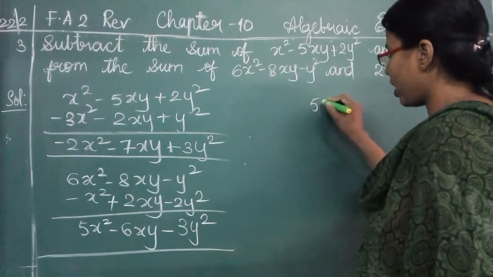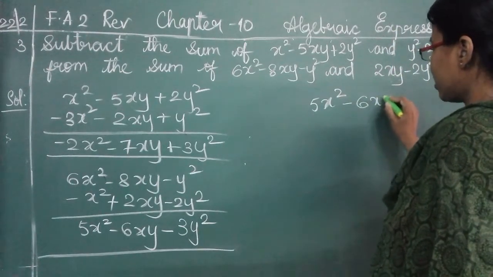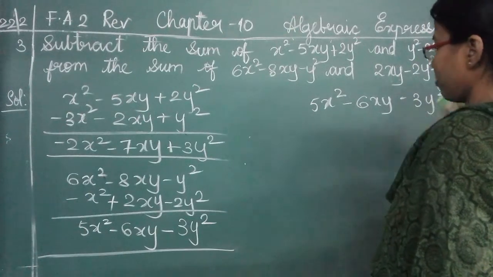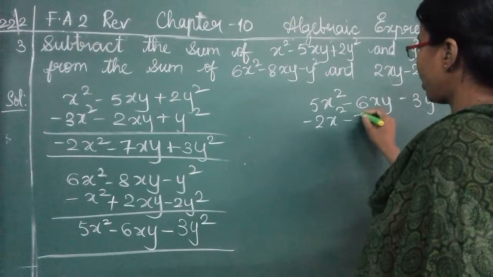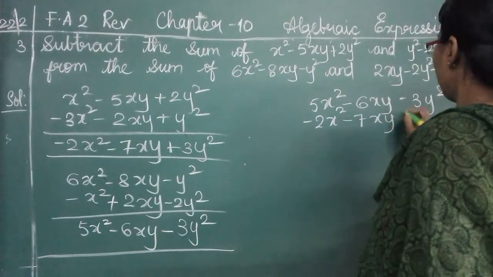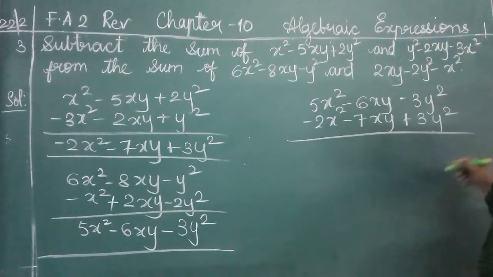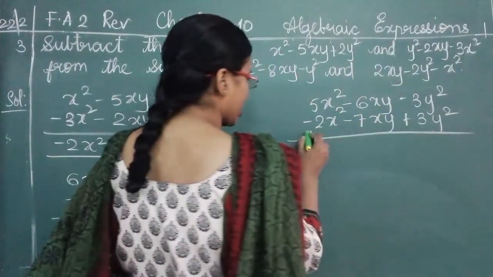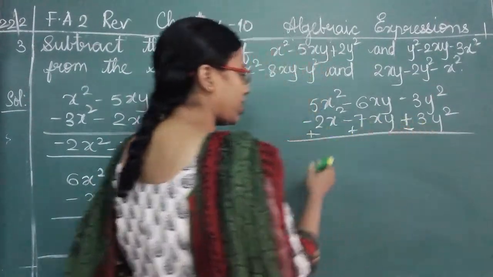So let's try. 5x square minus 6xy minus 3y square, then minus 2x square minus 7xy plus 3y square. Okay. Now let us write the opposite sign for this. Minus is there, so plus. Minus, so plus. Plus is there, so write minus.